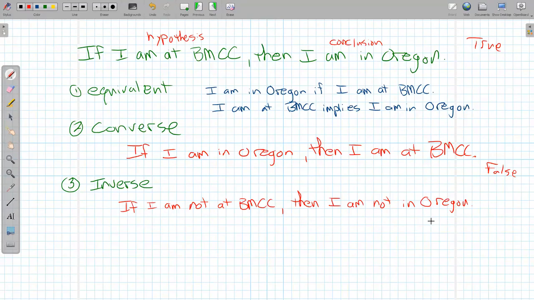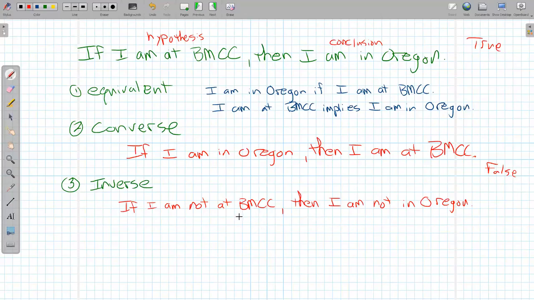And I mentioned earlier, sometimes the inverse is true when the original statement is true, and sometimes it's not. So let's think about this for a minute. If I am not at BMCC, okay, so think of some places that are not BMCC. Well, I could be in Portland. That is in Oregon. Or I could be in Rhode Island visiting my mom. That's not in Oregon.